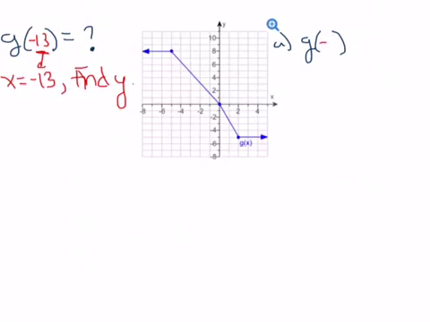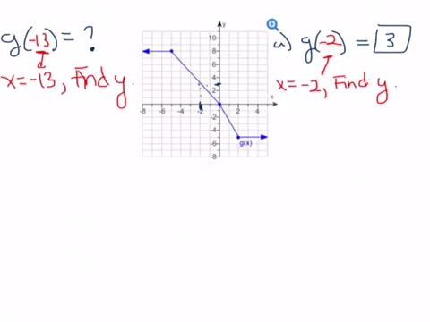So g of negative 2 means when x is equal to negative 2, we're going to find the g value or the y value. Looking at our graph here, here's x equals negative 2. And if I go up and then over, it looks like the y value that goes with negative 2 is y equals 3. So the y value, or the function value, is equal to 3.